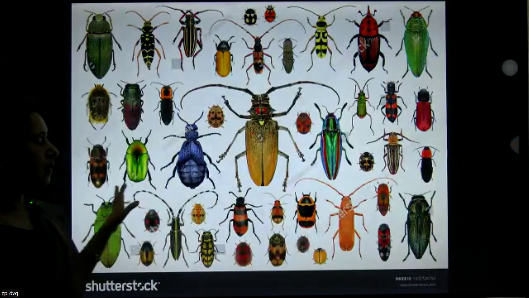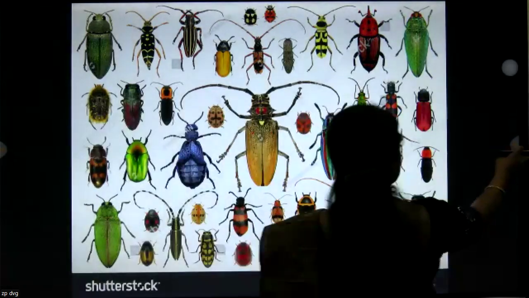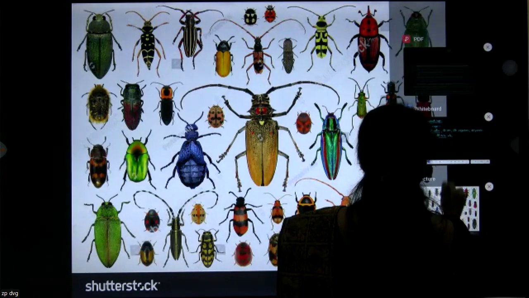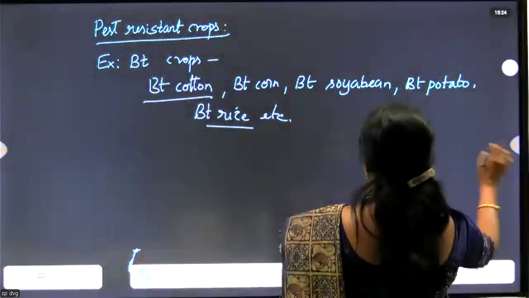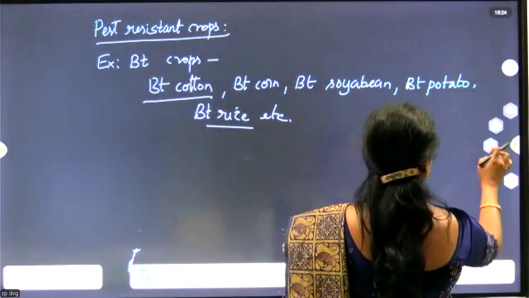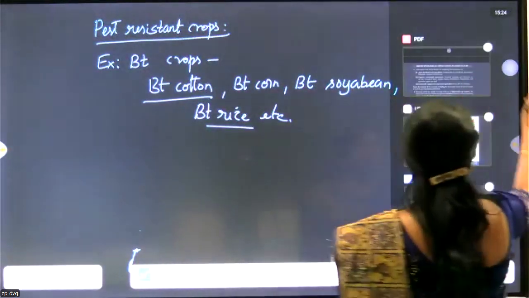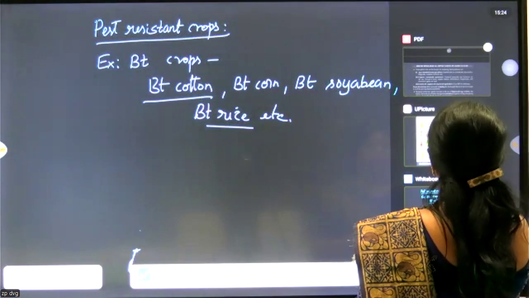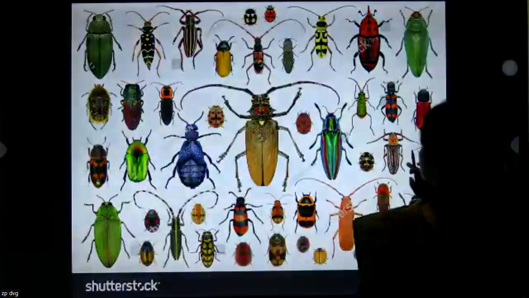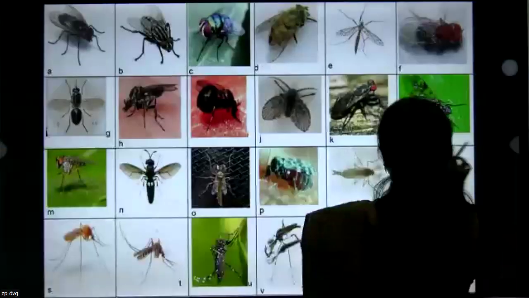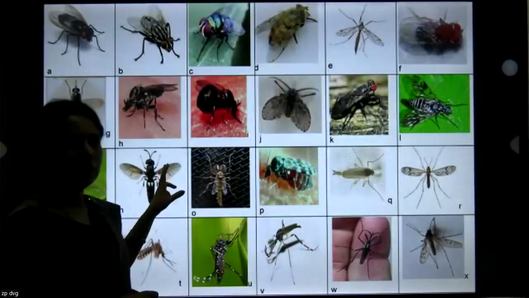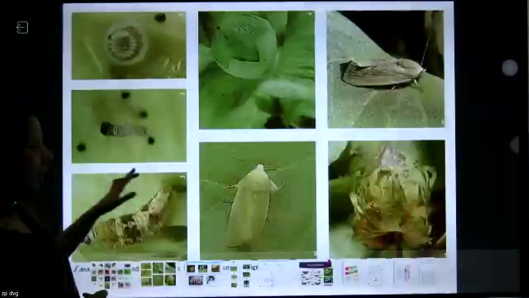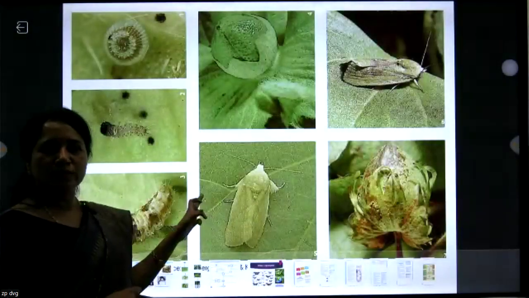These are the Dipteras, the flies, and these are the bollworms.